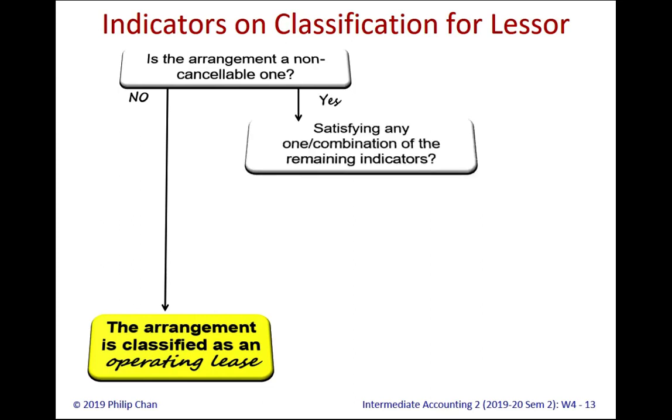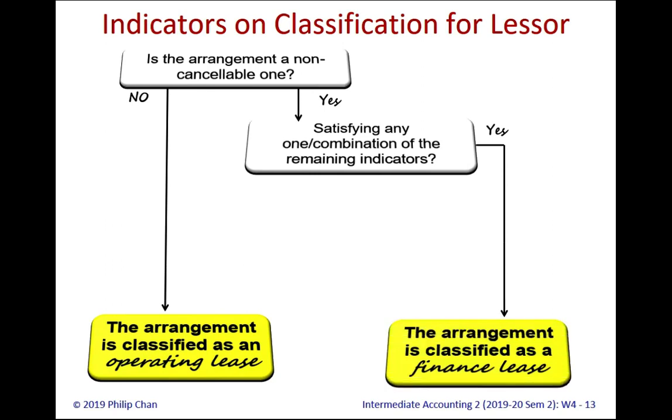But if it is a non-cancelable lease, which can include deemed non-cancelable lease as well, and the first indicator is satisfied, then you now have to look for 1 or more indicators out of the remaining 7. If you can find 1 or more out of the remaining 7, then you can conclude the lease as a finance lease.